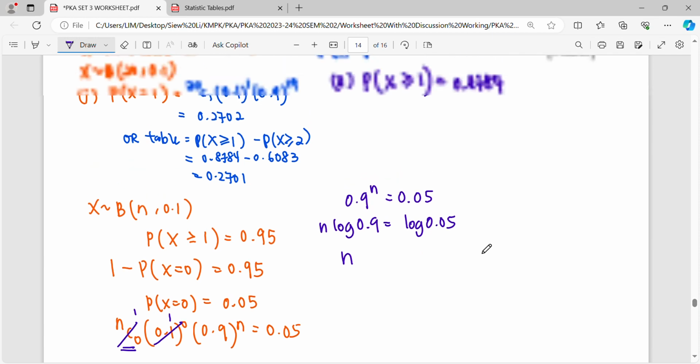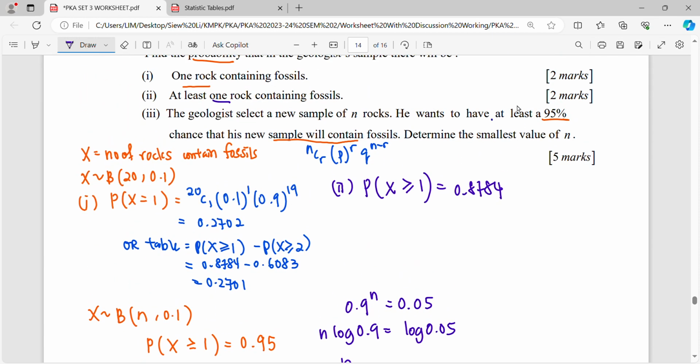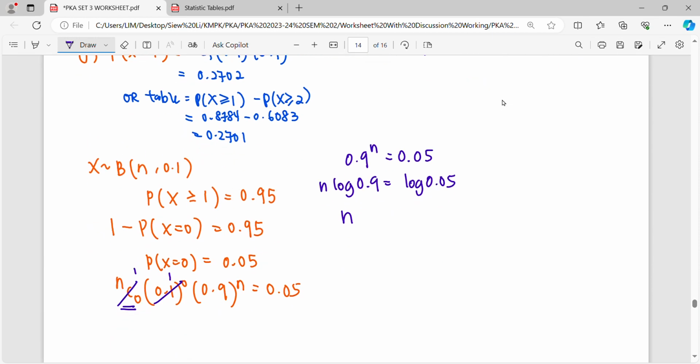Wait a minute, when you say at least 95%, it is not equal. At least 95%. So just now, for this one, move your 1 to the right hand side, divide by negative, you need to change sign.